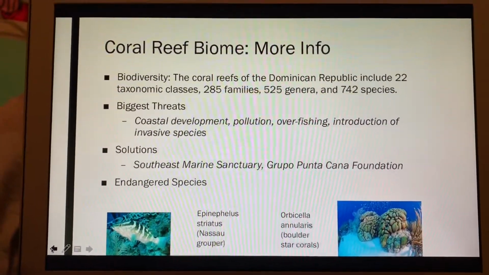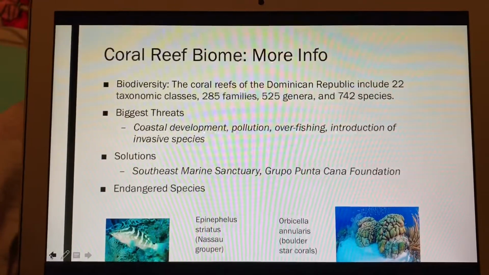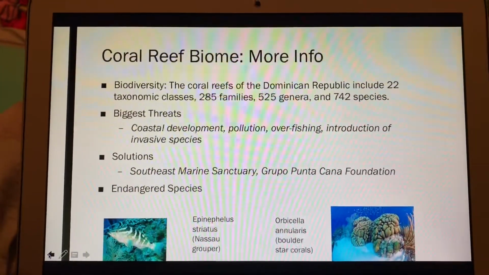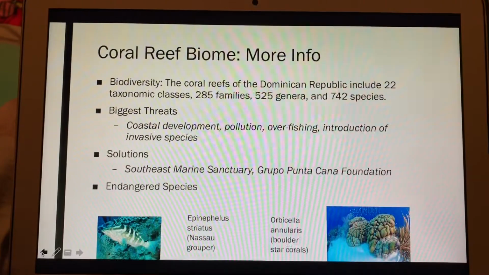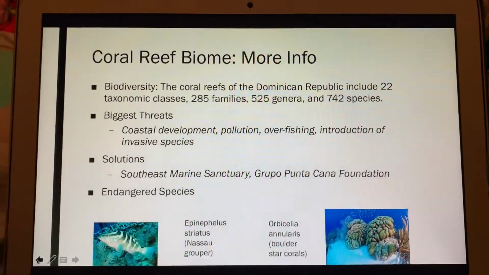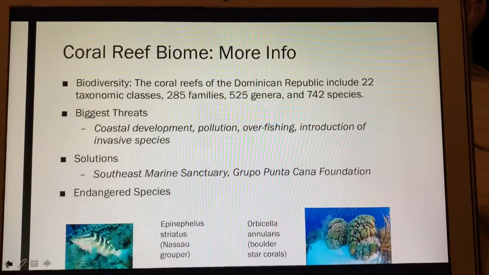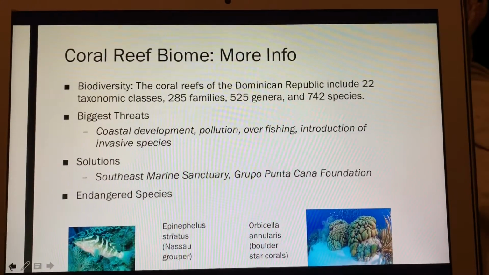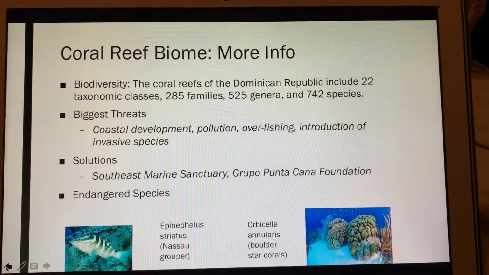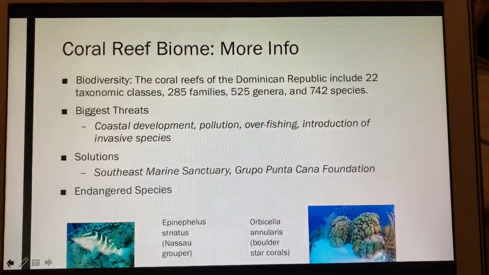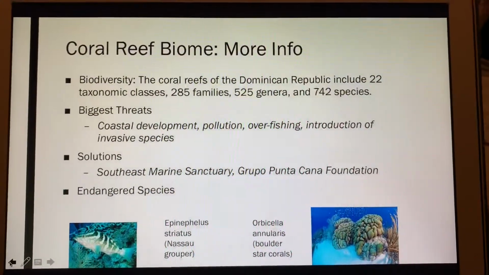The biggest threats to coral reef biomes are coastal development, pollution, overfishing, and introduction of invasive species. The solutions to these threats include the Southeast Marine Sanctuary and the Grupo Punta Cana Foundation.